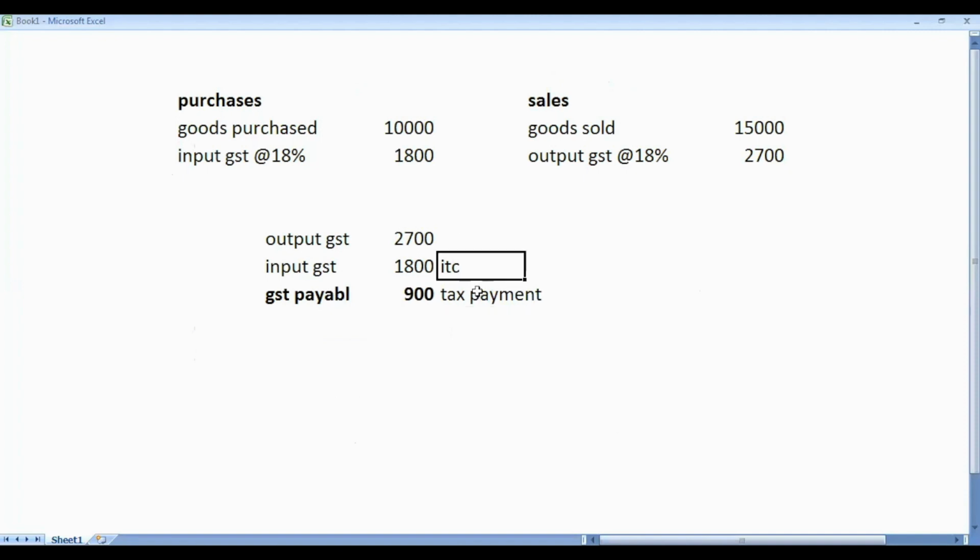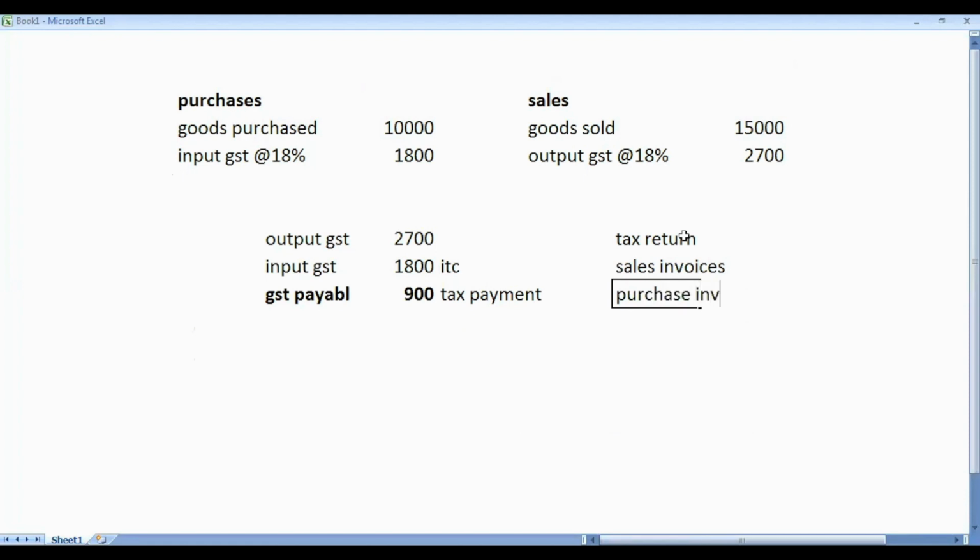And tax return means the details of goods purchased and the details of goods sold. Return includes what? All the sales invoices and all the purchase invoices.